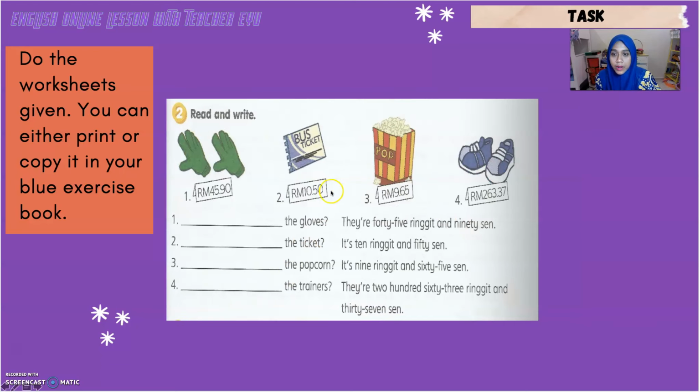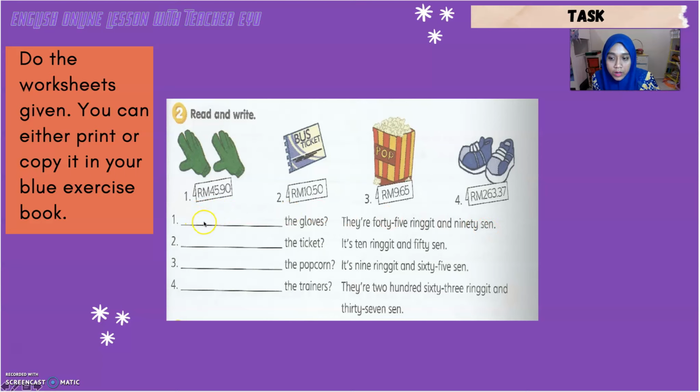As for the second worksheet, you have to read and write. There are some pictures here and together with the pictures are the price of the items. So example number 1, blank the gloves. They're RM45.90.